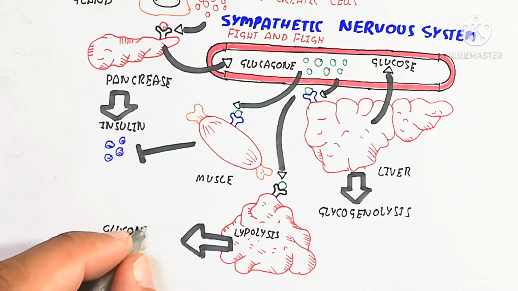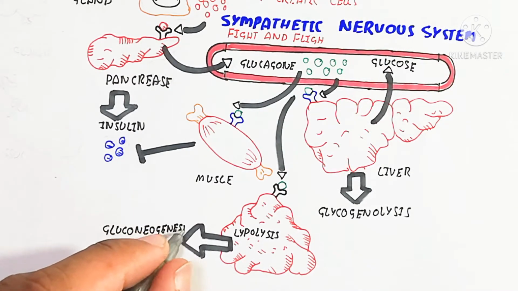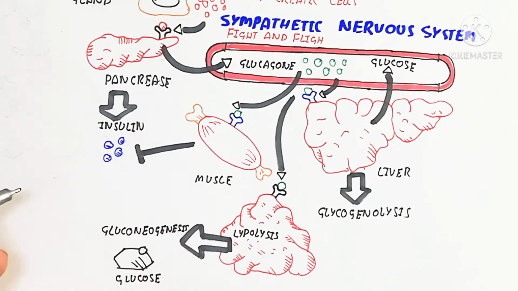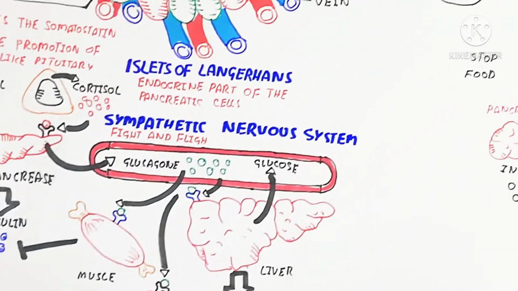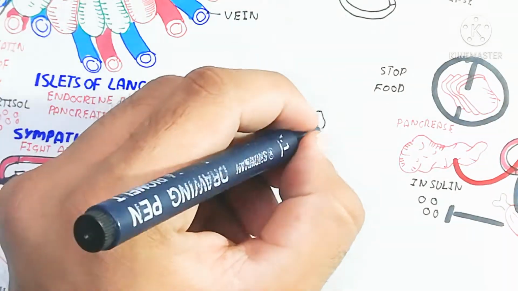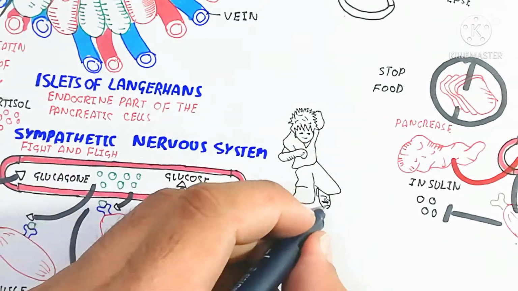Basically lipolysis will occur, and the fat will be converted into ketones as well as sugar for maintaining the sugar level.